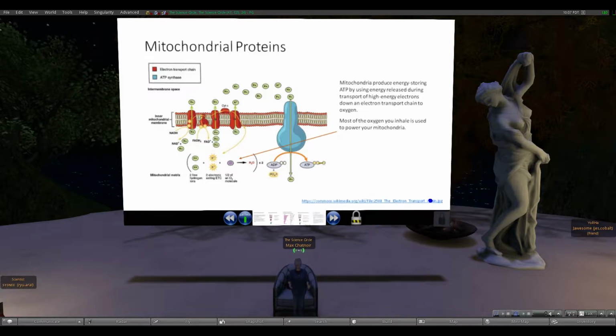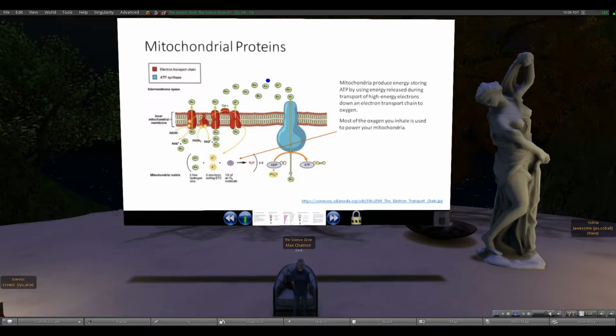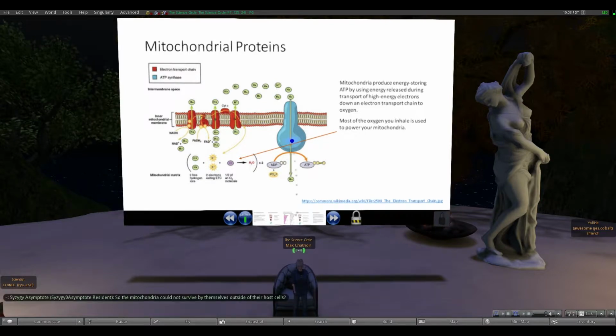So these are some of the proteins that are encoded in the mitochondrial genome, and these here are proteins involved in electron transport, and during electron transport, hydrogen ions are pumped outside, and then they come back through the ATP synthesizing enzyme, and that's how the ATP is made.